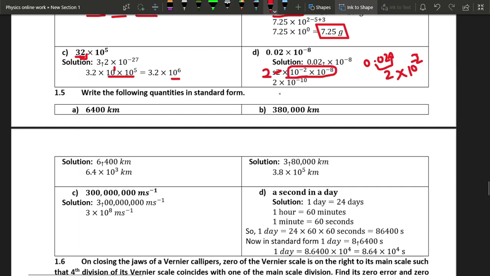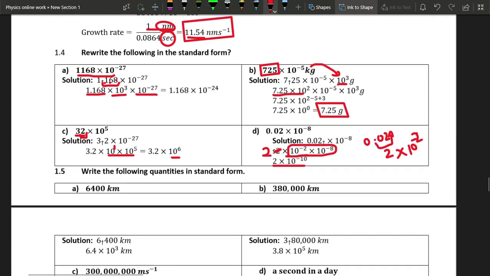So standard form of 0.02 into 10 raised to power minus 8 is 2 into 10 raised to power minus 10. And remember this thing, the check for the standard form is that the number which is multiplied with the power of 10 must be between 1 and 10. So now you see all these numbers are between 1 and 10, so this is the standard form.